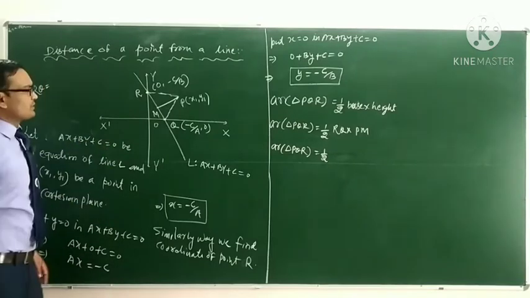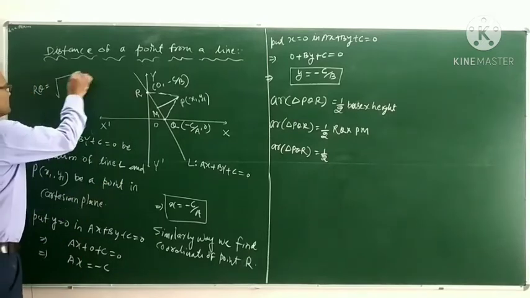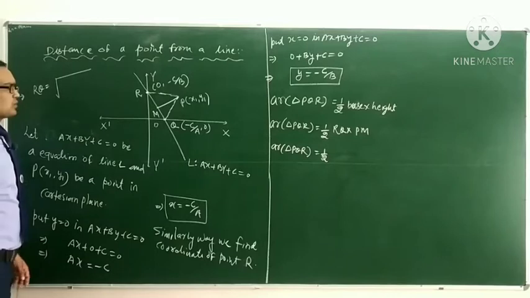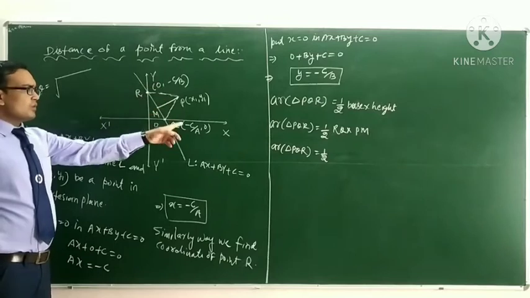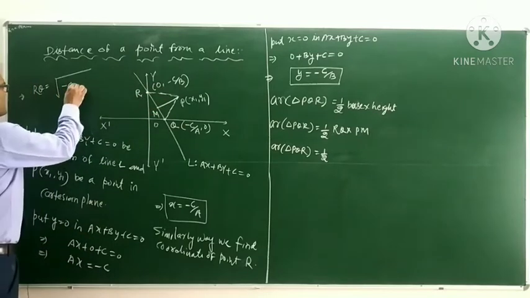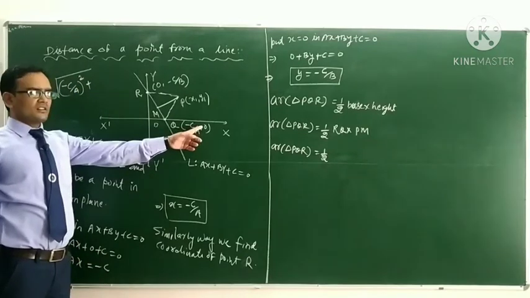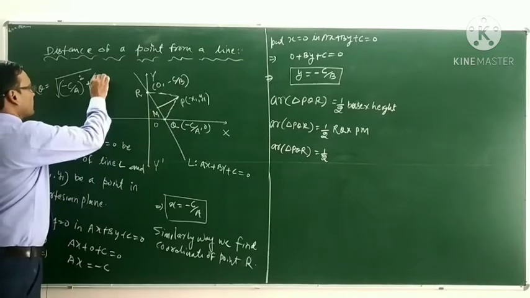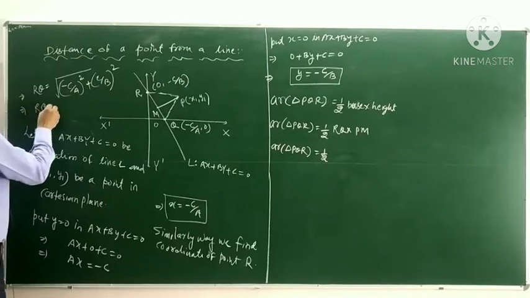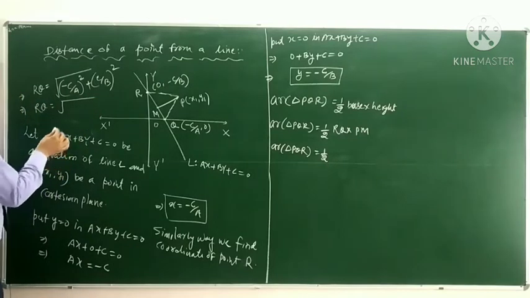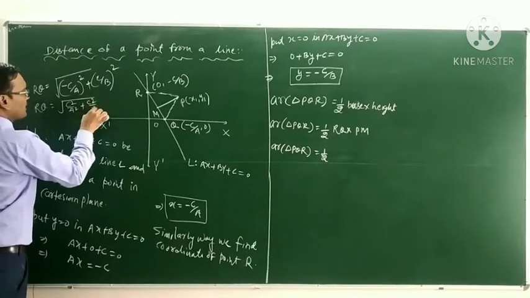RQ is the distance between the two points Q and R. This implies RQ equal to square root of (x1 minus x2) whole square, that is minus c by a whole square, plus (y1 minus y2) whole square, that is c by b whole square. This implies RQ equal to square root of c square upon a square plus c square upon b square.